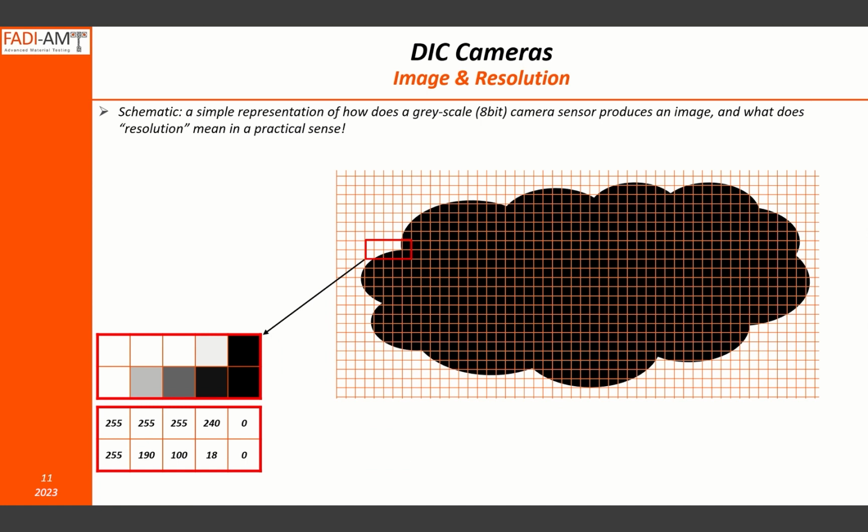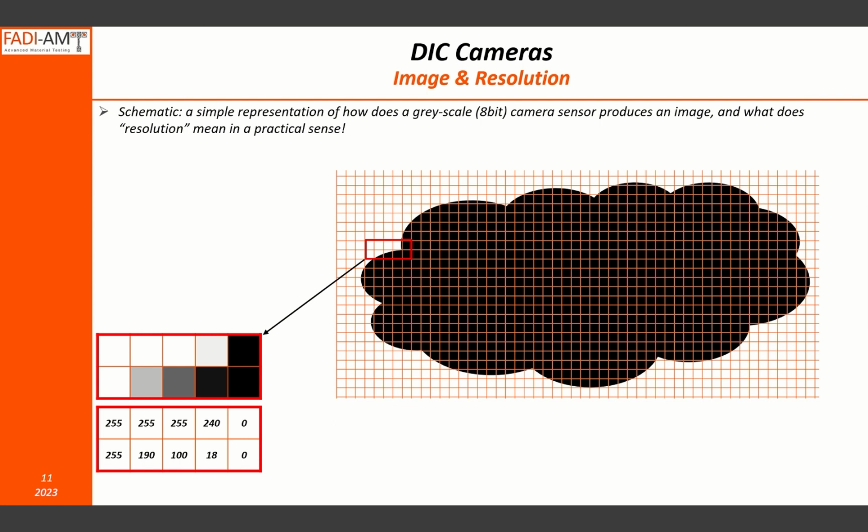And if you take any particular region of interest, such as the region highlighted in red here, the sensor does not see the curves and the edges of that glob of black paint. It doesn't. What it sees is squares, and in each square, it fills it with a color. That color is a grayscale color, meaning it goes from white to black or black to white.